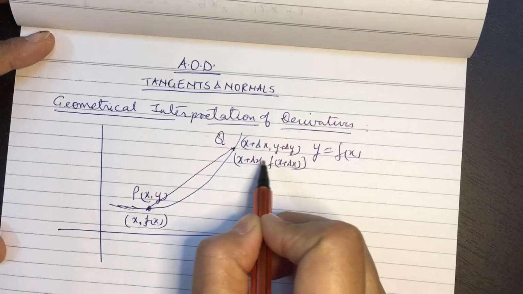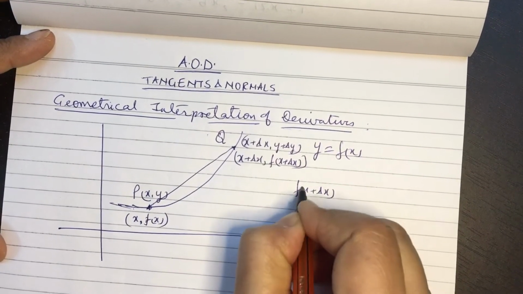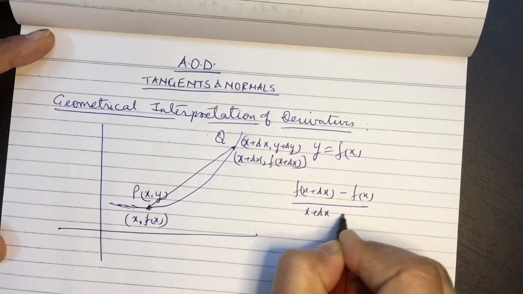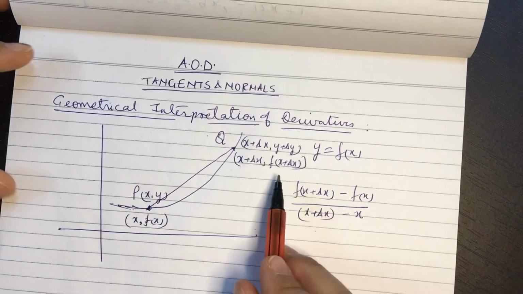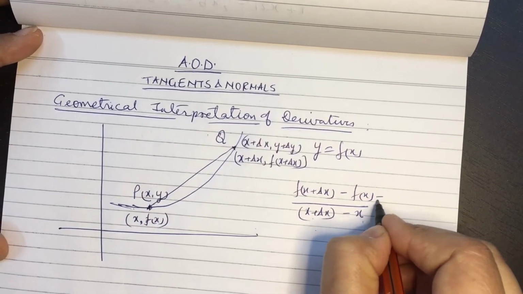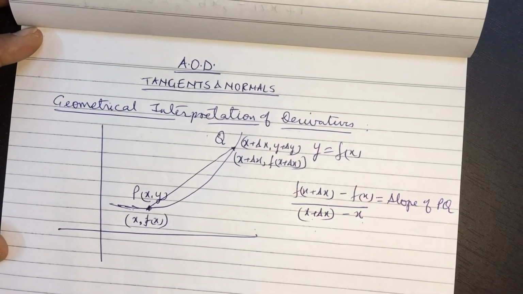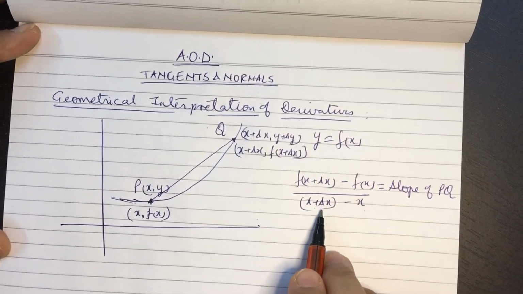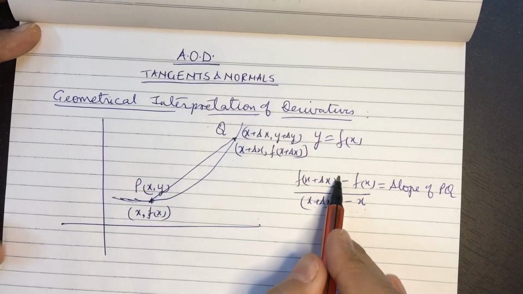Now the ratio of f(x plus delta x) minus f(x) upon x plus delta x minus x, which is the change in y coordinate with respect to the change in x coordinate, is nothing but the slope of line PQ. By definition of slope of a line, we know that the change in the y coordinate upon the change in the x coordinate is the slope of the line PQ.